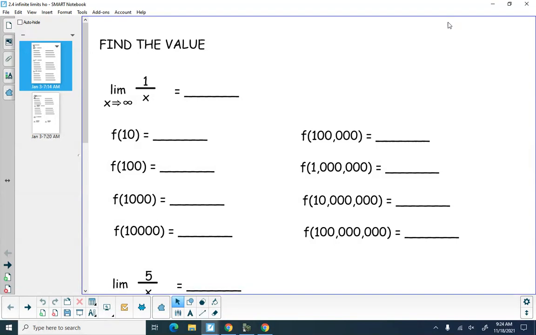With the idea of limits, notes out here for you. What we are doing is we're taking our limit as x approaches infinity, which means x is just getting bigger and bigger and bigger. These are infinite limits.